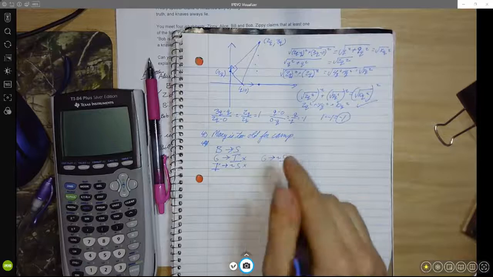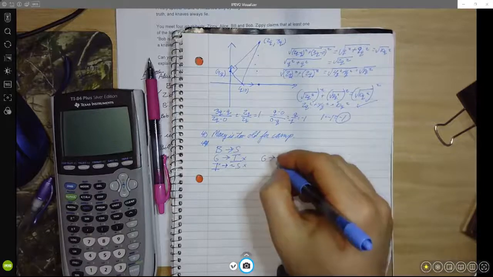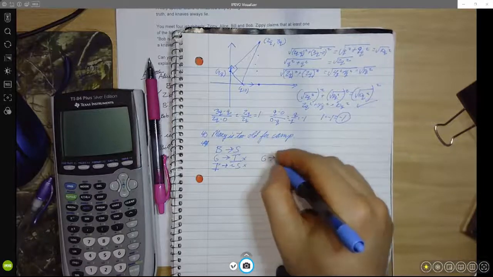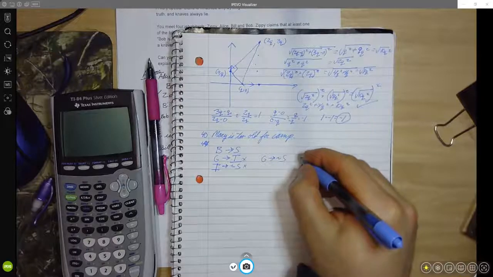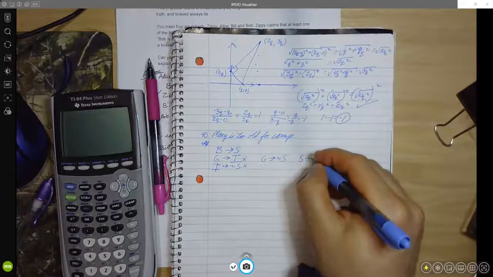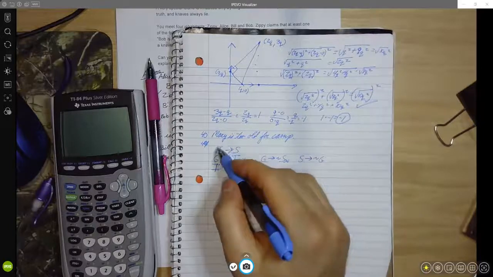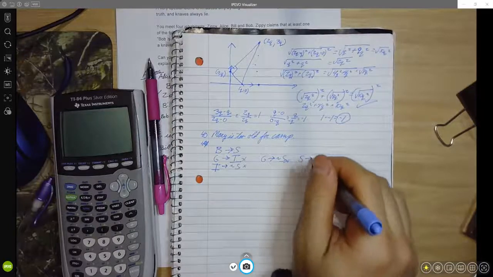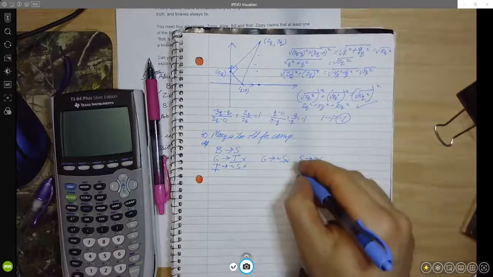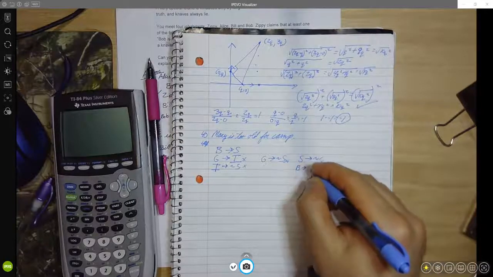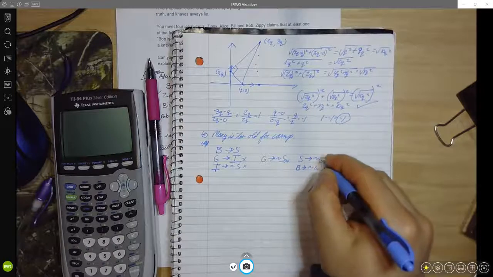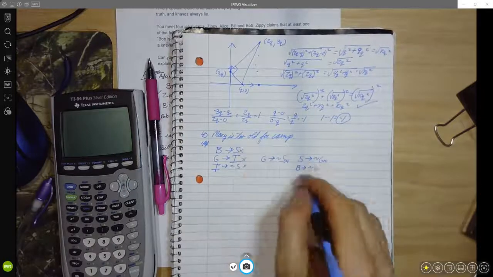I'm going to use the law of contrapositive here to flip this around. So S implies not G. So B implies S implies not G. So B implies not G. So that will have all the statements.